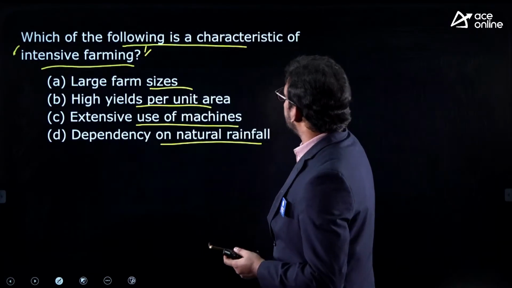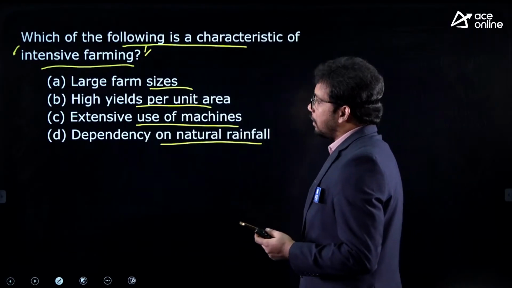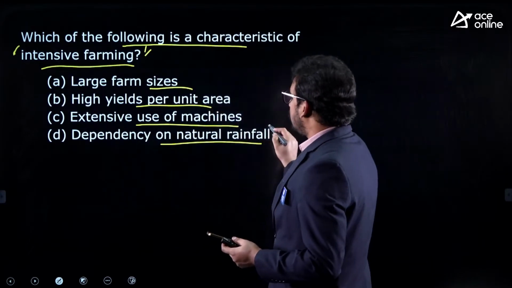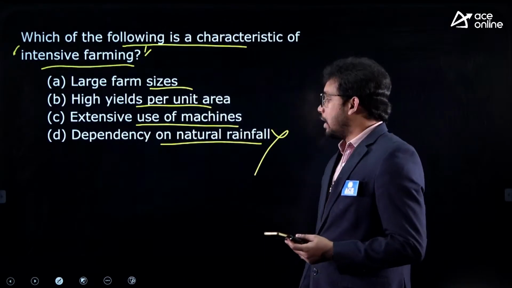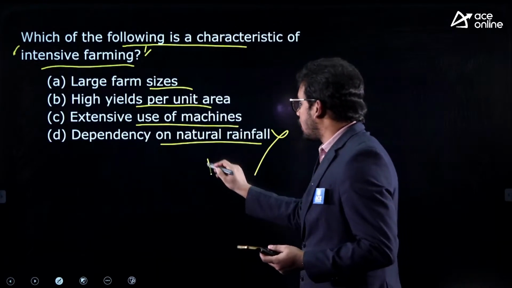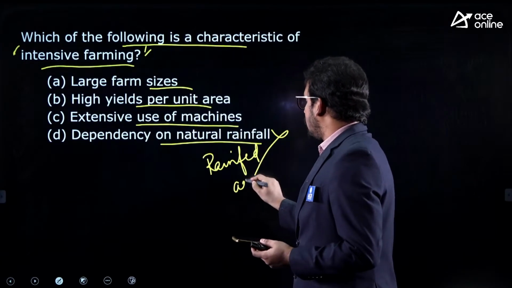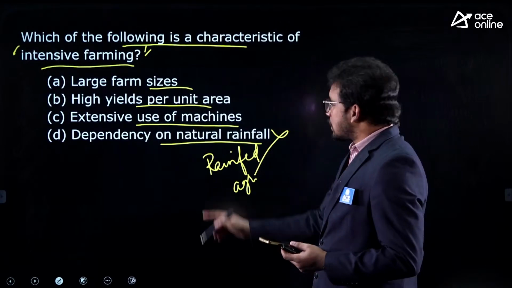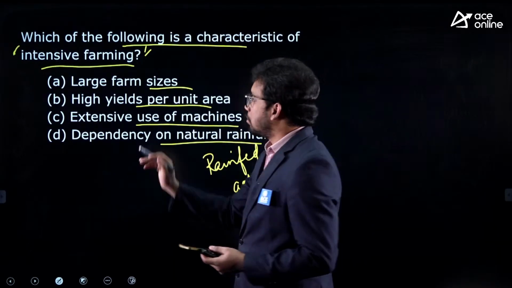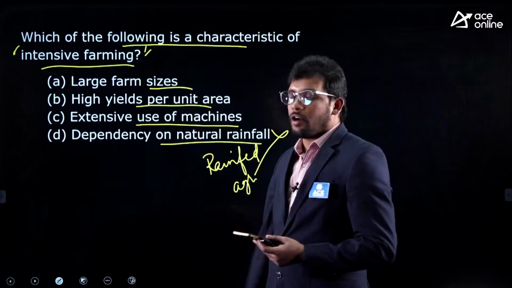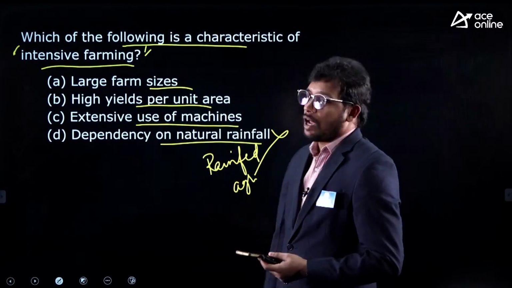First thing, dependency on natural rainfall can be eliminated. That is called rain-fed agriculture. Extensive use of machines, there may be some doubt. High yield per unit area, there may be some doubt. Large farm size, this also may have some doubt.